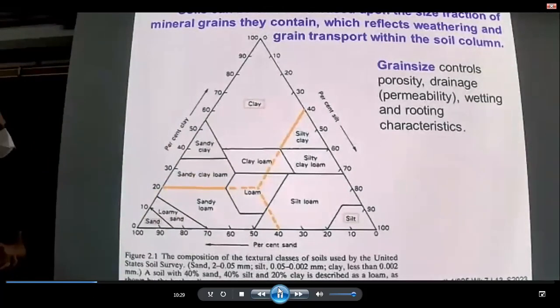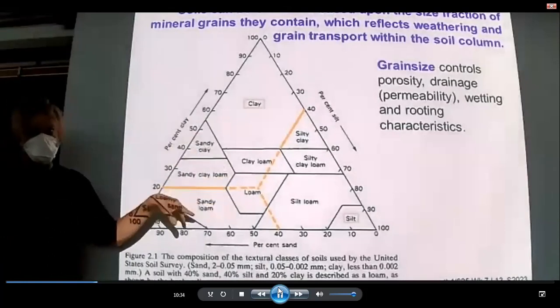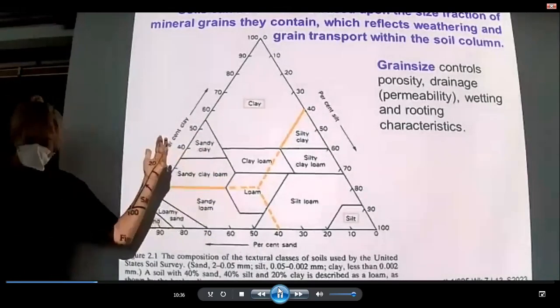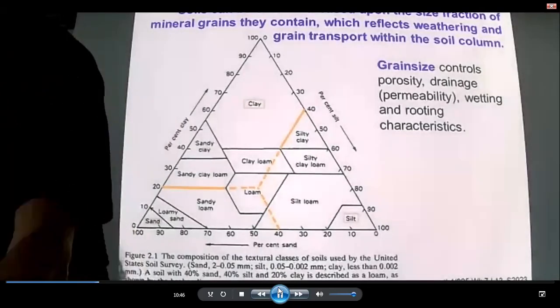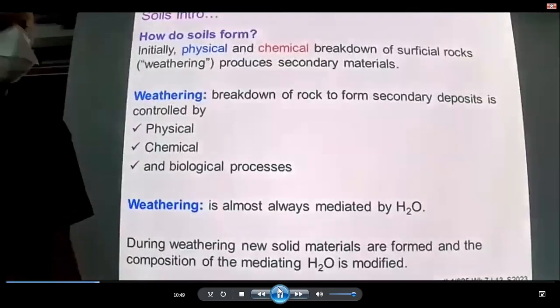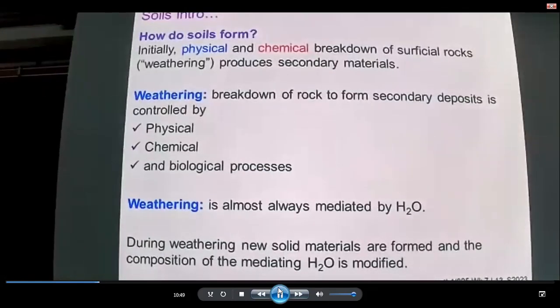And as we will see when we talk about groundwater in the following week, the way in which soils are composed, not only the size fraction of the grains, but the variation in the size fraction is going to determine characteristics of water flow, of saturation, and therefore how chemicals move through the subsurface.